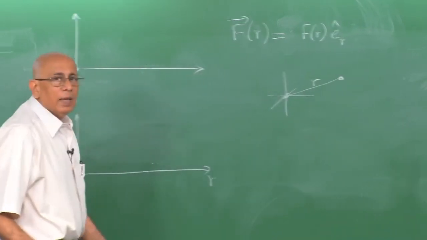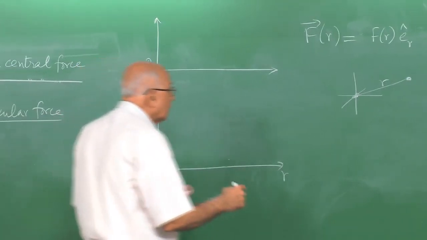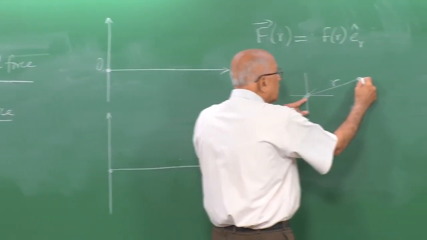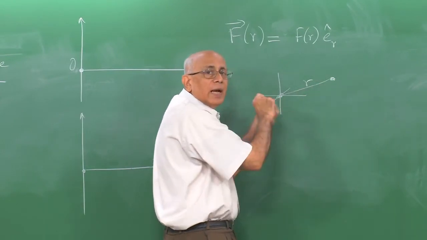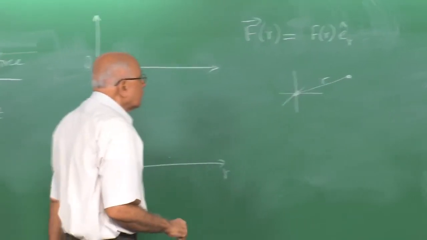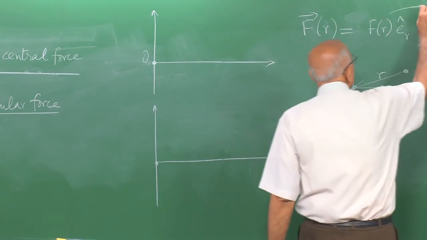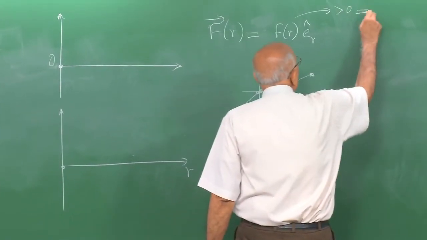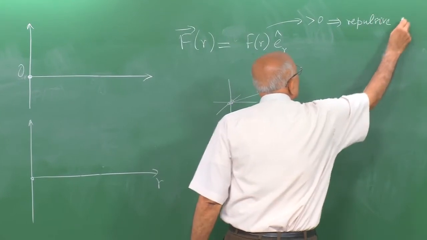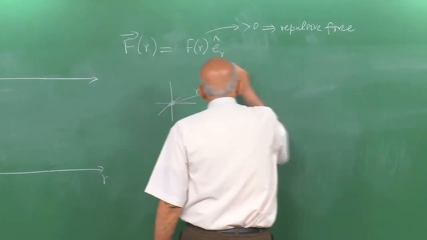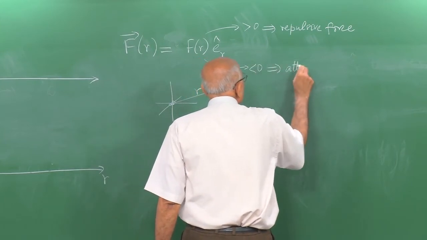Because it's central, it's always directed along the line joining these two molecules, either inwards or outwards, depending on whether the force is attractive or repulsive. So if F of r is greater than 0, it implies a repulsive force, and if it's negative, it implies an attractive force.